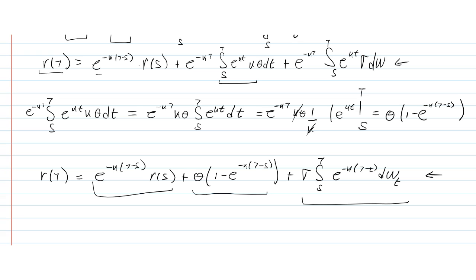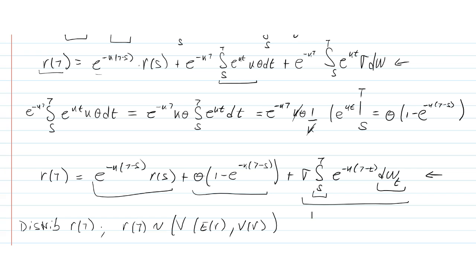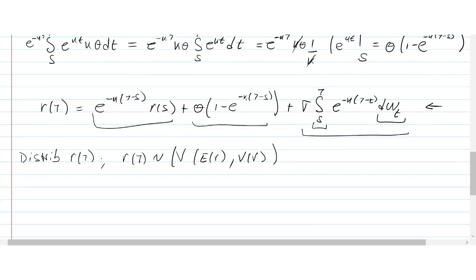So usually what you're asked to solve is for the distribution of RT. Also, you'll need the distribution to know how you're going to simulate it, and then we just know that RT distributes normal with some expectation and some variance, because this term is normal and this is just the summation of independent normals 0, 1.